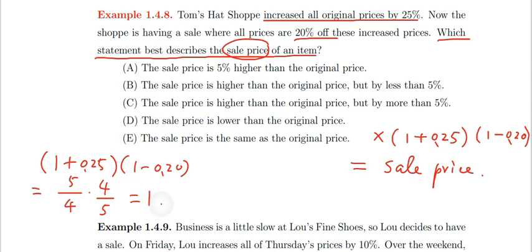So we find this is 1. This means go up, go down, so it becomes the same price. So we should choose E: the sale price is the same as the original price.